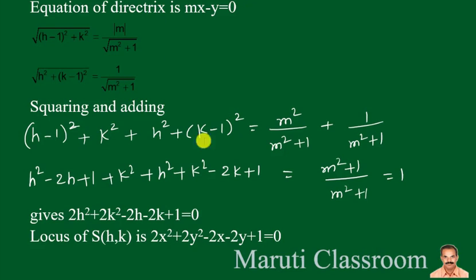The right hand side sum of the squares is m square by (m square plus 1) plus 1 by (m square plus 1). Both have the same denominator, so the numerator is also m square plus 1, equal to 1. Now this gives 2h square plus 2k square minus 2h minus 2k plus 1 equal to 0. So to write the locus, replace (h, k) by (x, y), then we will get this equation. So this is the locus of the focus.